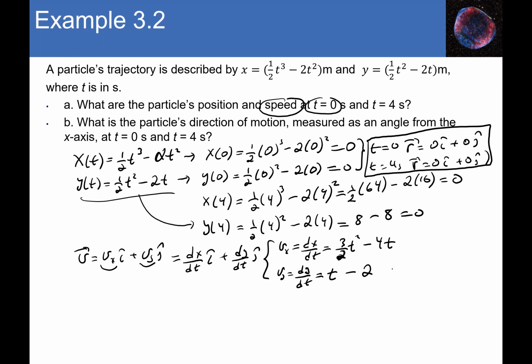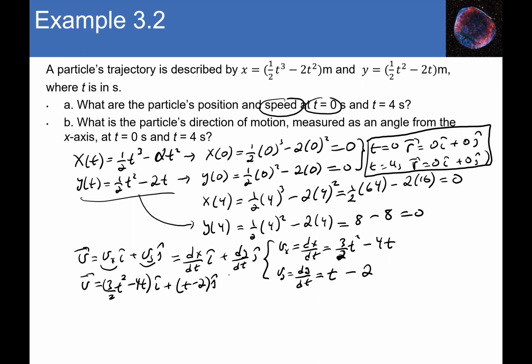That means v is 3/2 t squared minus 4t i hat plus t minus 2 j hat.